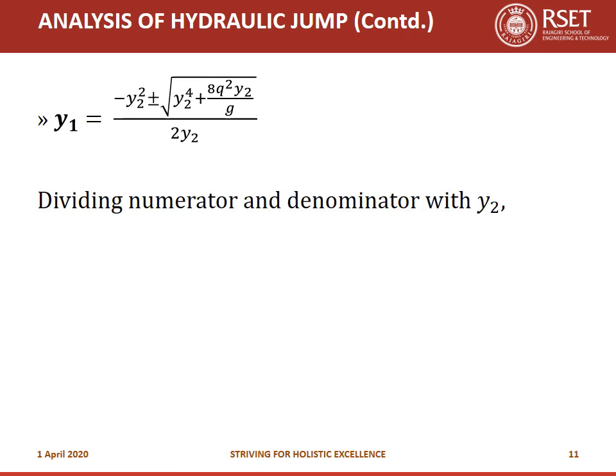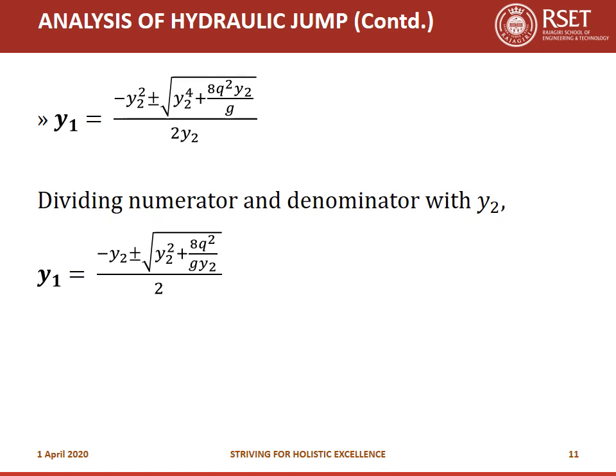Now I'm going to divide the numerator and denominator of the right hand side by y2. So I will get y1 is equal to minus y2 plus or minus, when I divide by y2 inside the root, it becomes division by y2 squared, so root of y2 squared plus 8Q squared by g y2, divided by 2, and the y2 in the denominator disappears because I have divided the denominator also by y2.